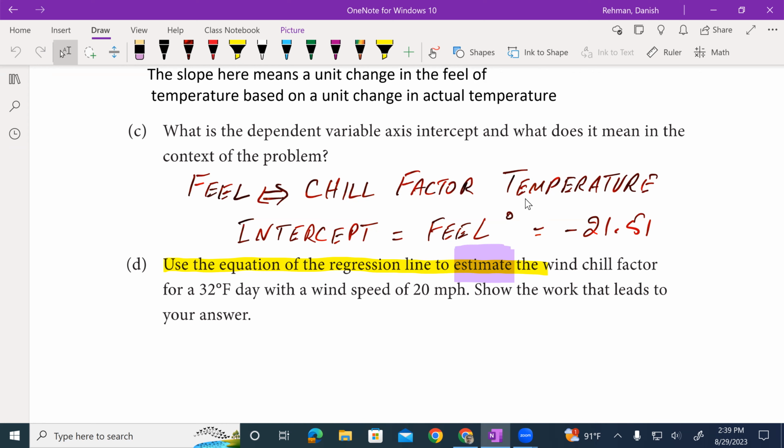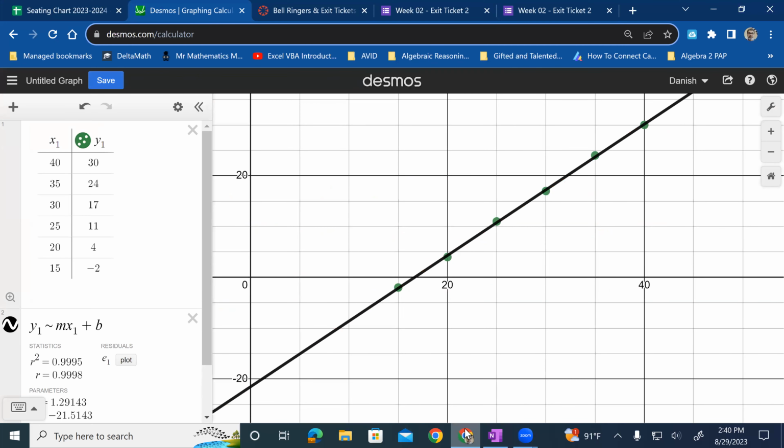So what are we looking at now? We are looking at 32 degrees as a value of x. This value of x, we will substitute in the equation and solve it the way we always do. You can use a calculator, or you can use your Desmos plot and just locate the 32 here.